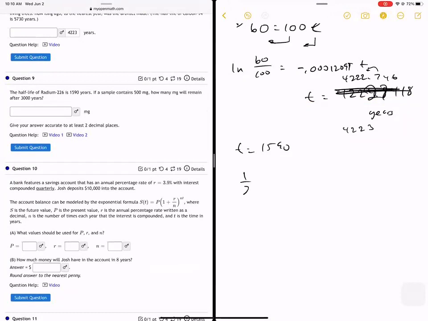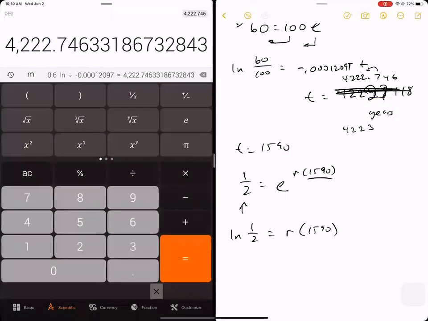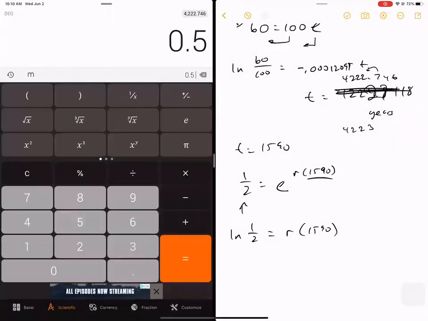So we know the half-life is equal to e to the rt, where t is 1590. Again, we end up with half after 1,590 years. So natural log of 1/2 equals r times 1590. Now, if you do these problems a couple times, you actually can do them pretty fast.